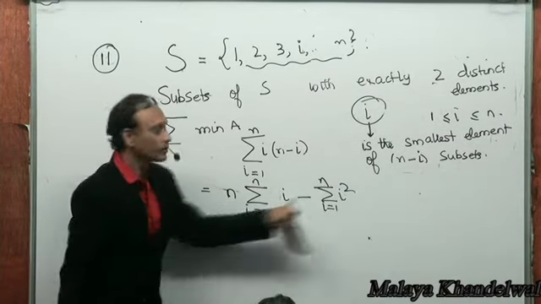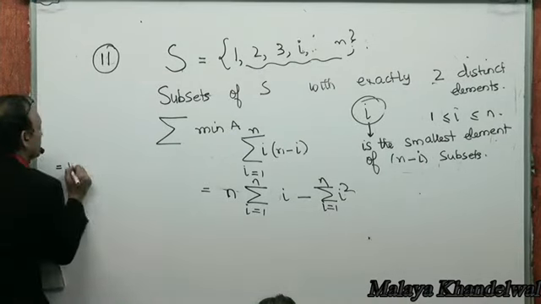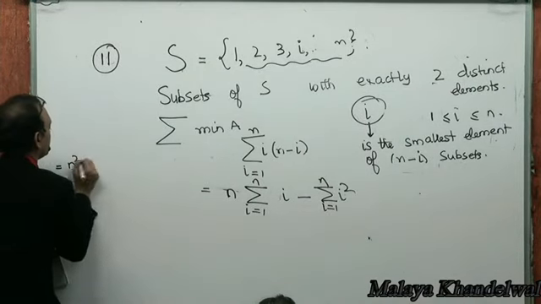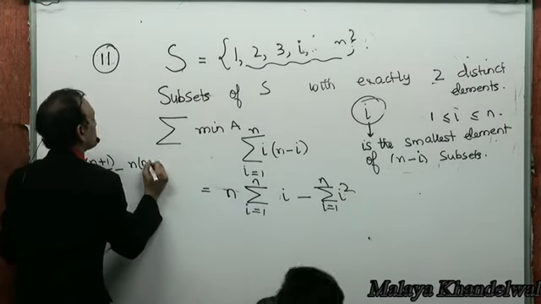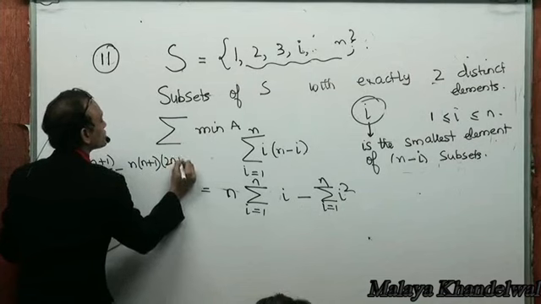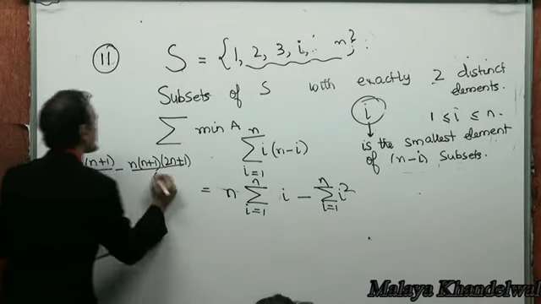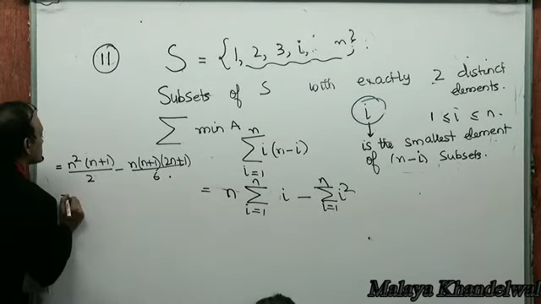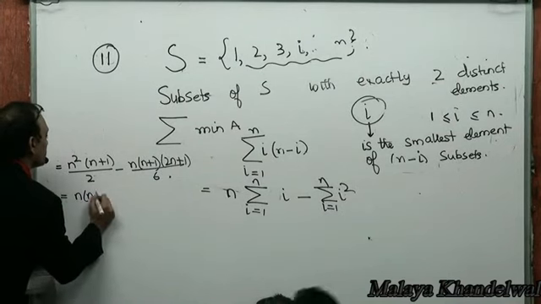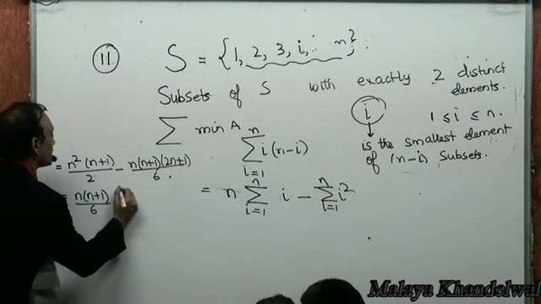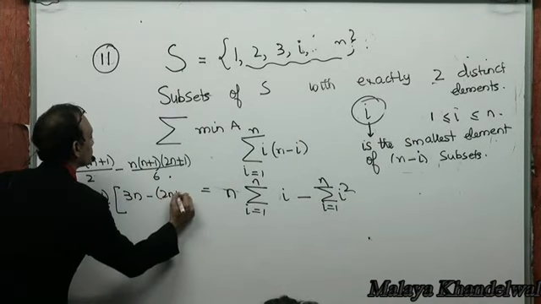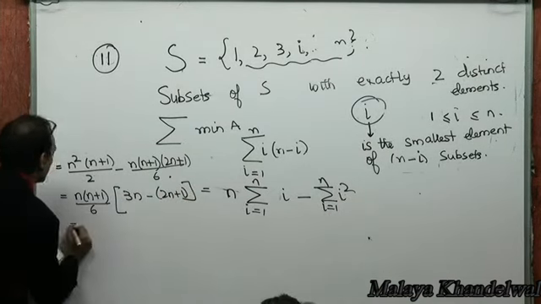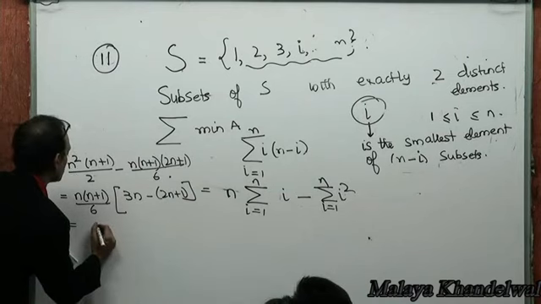So this becomes n into n plus 1 by 2 minus n into n plus 1 into 2n plus 1 by 6, which is n into n plus 1 by 6 times 3 minus 2n minus 1, which is n minus 1.